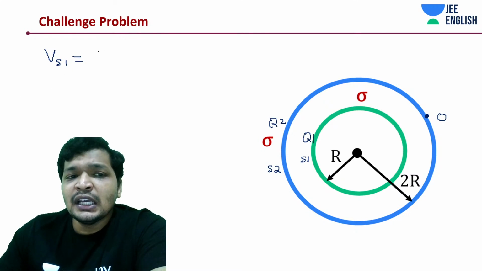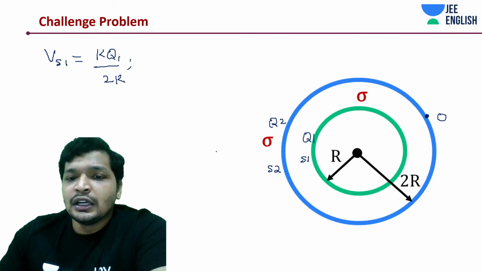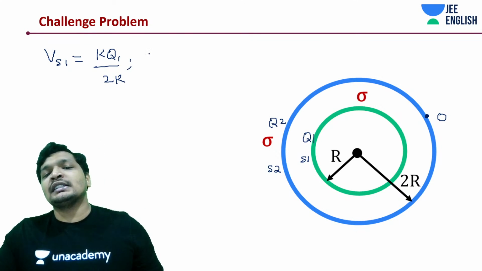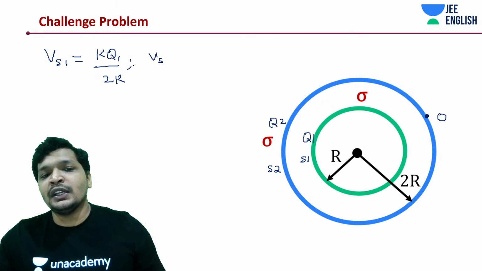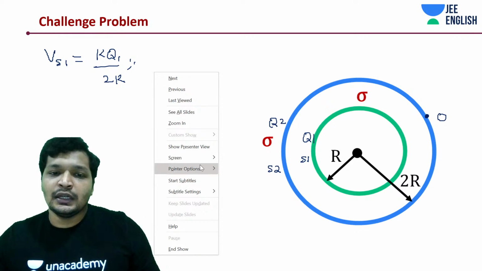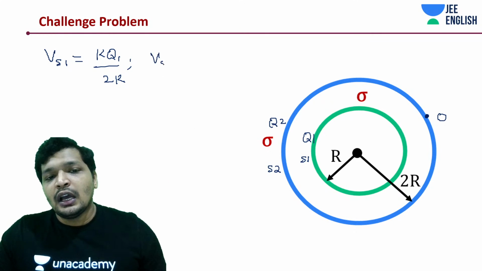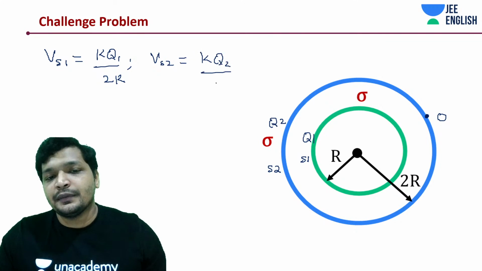It's going to be KQ1 by 2R. And due to surface S2, it's basically the surface potential, so it's going to be KQ2 by 2R.